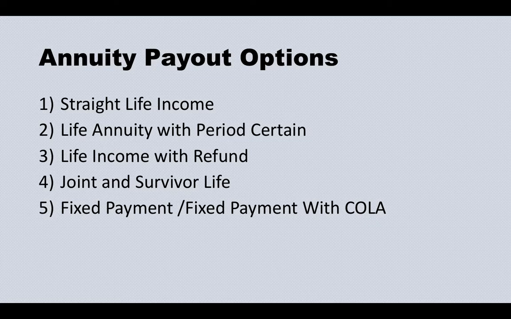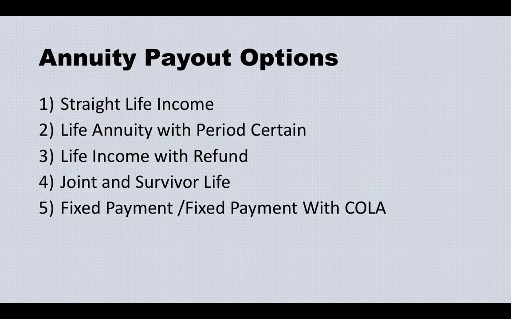Then joint and survivor life: two people will be paid a monthly income, whoever survives. I don't know if this option is available for life insurance. Anyway, fixed payment, or fixed payment with COLA, an inflation-adjusted policy, is very similar to straight life. This one can be for a limited term, like 20 or 30 years.